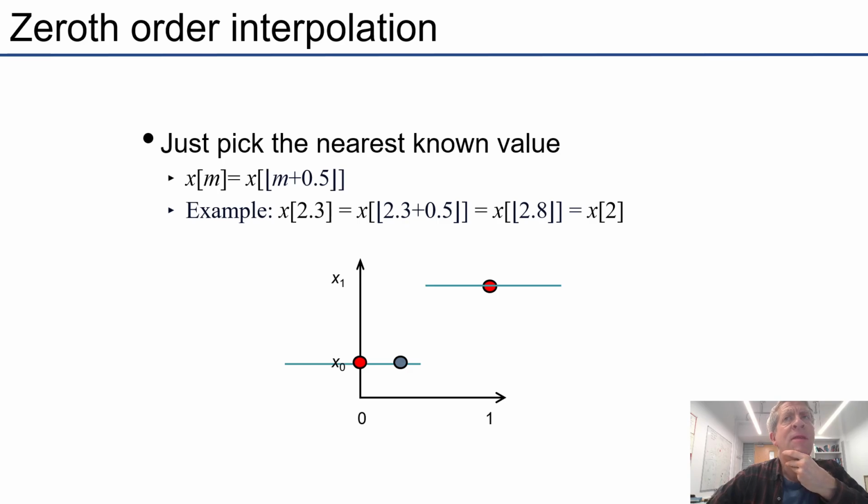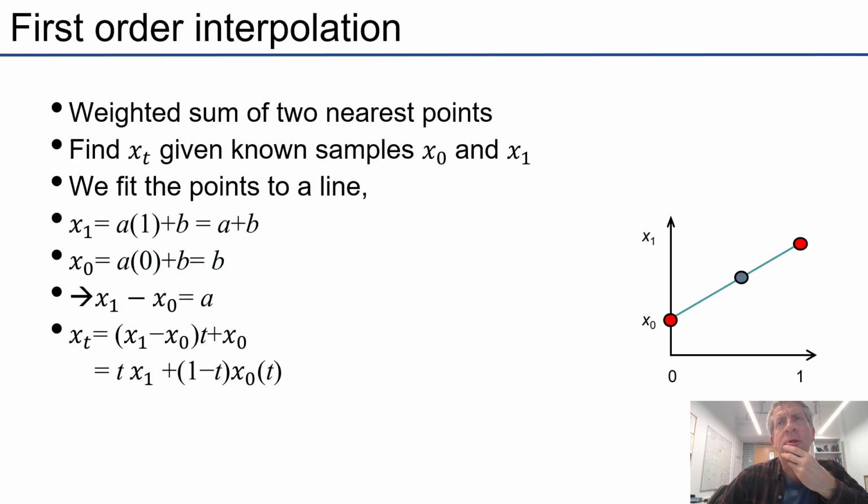That gives an approximation, but it's not a great approximation. So first order interpolation, which is what I showed a couple of slides earlier, is just a weighted sum of the two nearest points. So we assume that x0 and x1 are on a line.